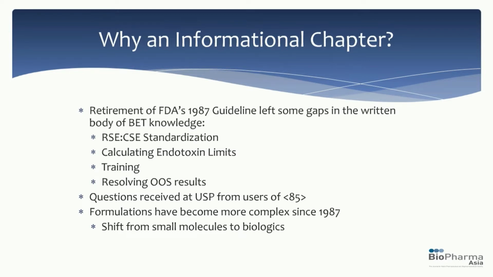There's confusion regarding calculating endotoxin limits. The 1987 guideline had some suggestions about training in it, but that was lost with the publication of the 2012 guidance. And the 1987 guideline had its own spin on resolving OOS results, but we take a different look at it in the 1085 chapter, and we try to relate it back to FDA's 2006 guidance on OOSs.